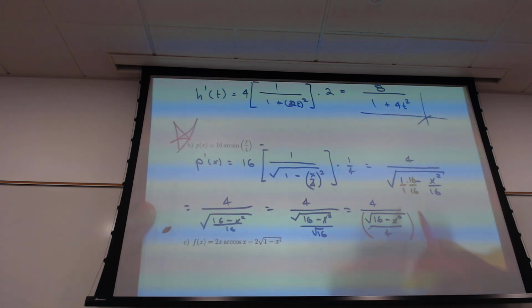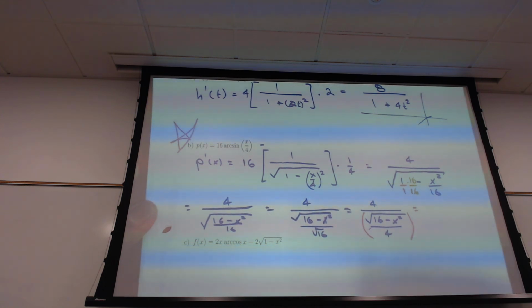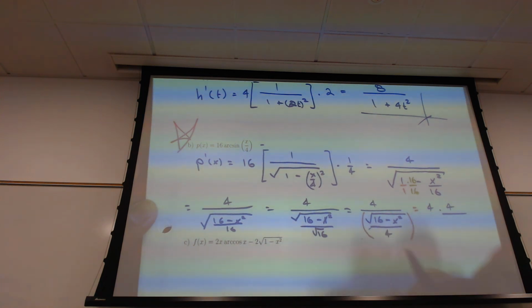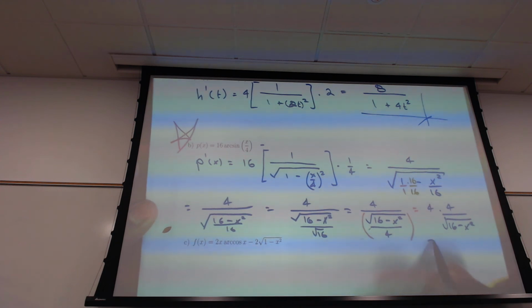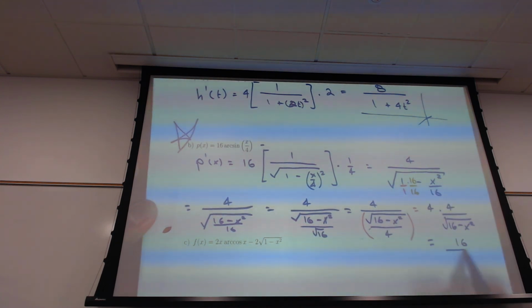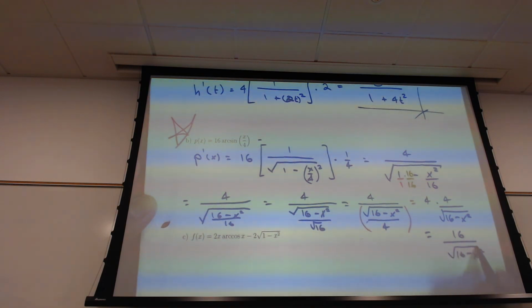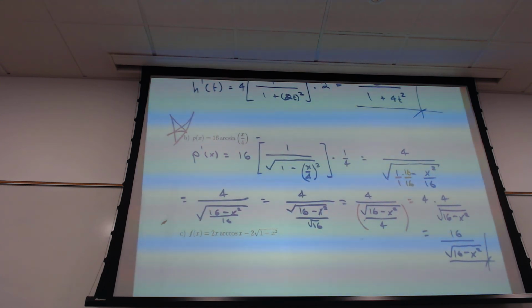So we multiply by the reciprocal, which in this case is 4 times 4 over the square root of 16 minus x squared, which is going to be 16 over the square root of 16 minus x squared. And this is a simplified expression for the derivative. We don't want rational expressions inside of rational expressions, and on top of that with radicals.